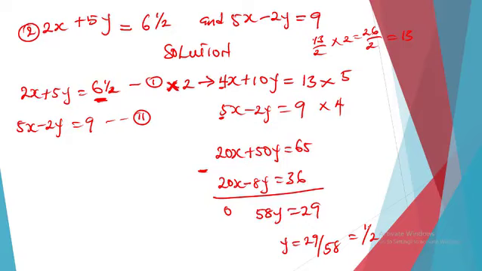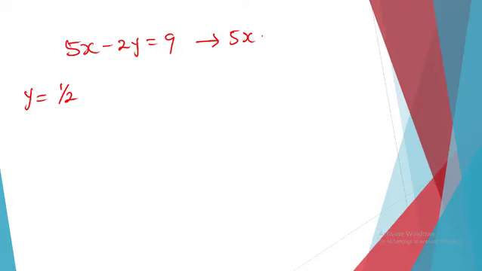We now substitute the value of y as 1 over 2 in equation 2 to find the value of x. Our equation 2 is 5x minus 2y equal to 9, and we've gotten y to be 1 over 2. So we have 5x minus 2 into 1 over 2 equals 9.